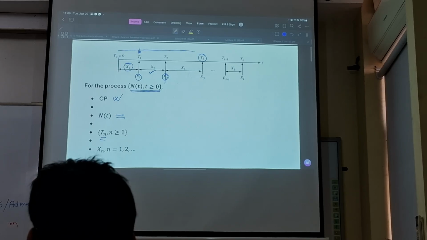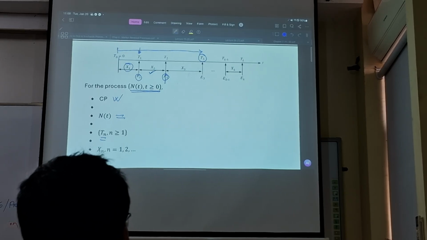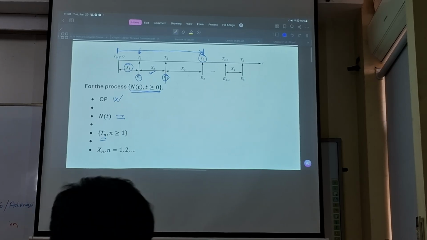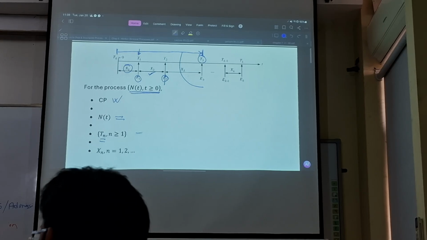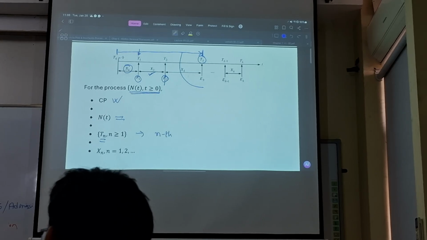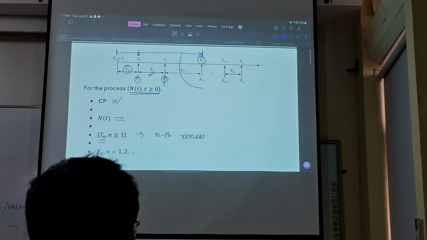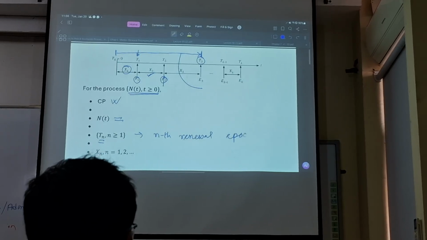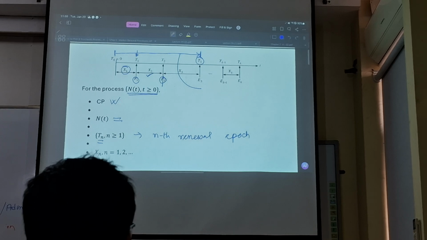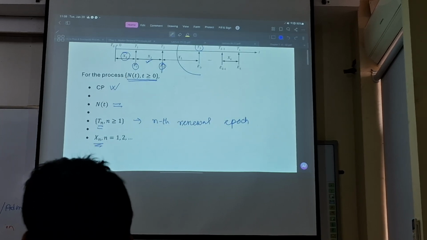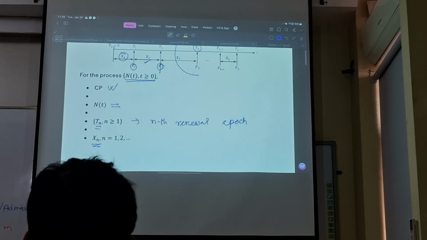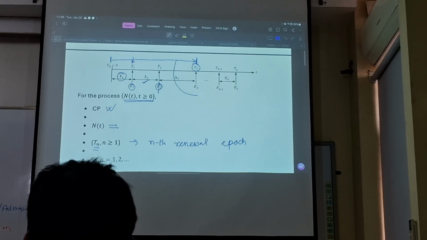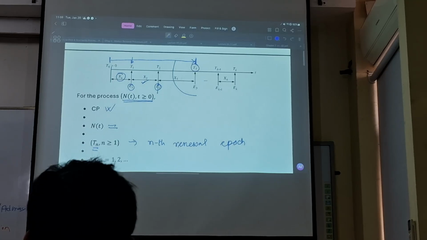T3 is the duration of time starting from the beginning up to the third renewal. We call this the nth renewal epoch. And finally, the X's are inter-event times. When these are arbitrary, we have a renewal process. When these are exponential, we have a Poisson process.